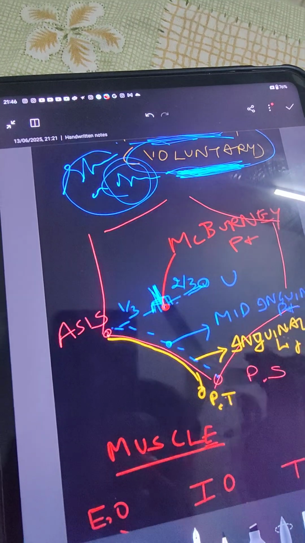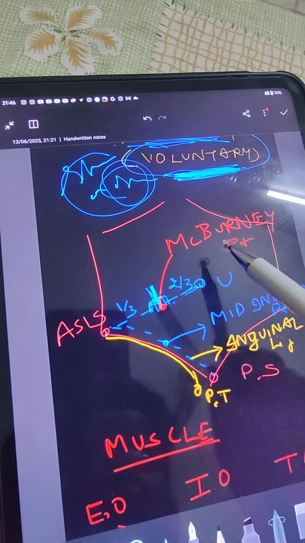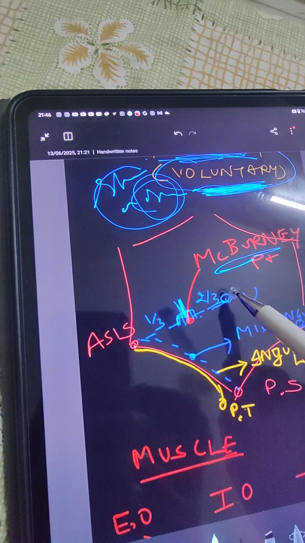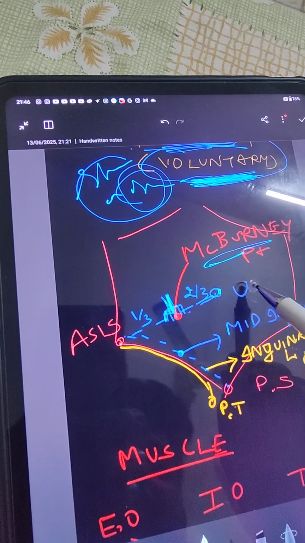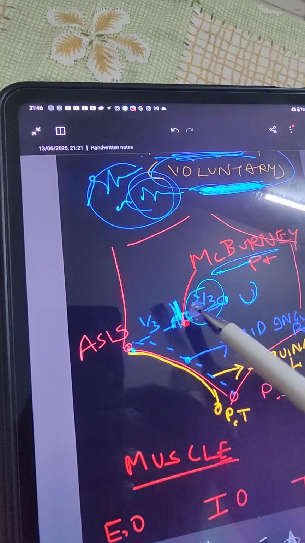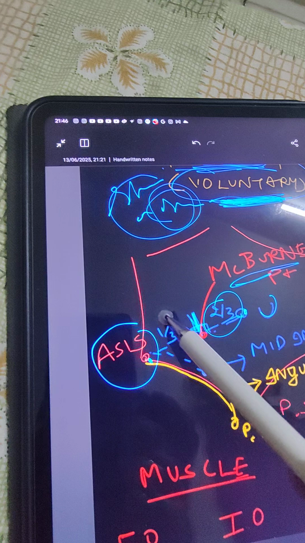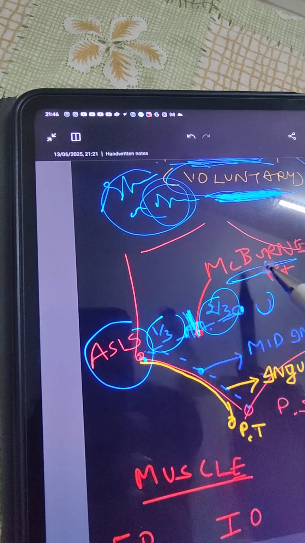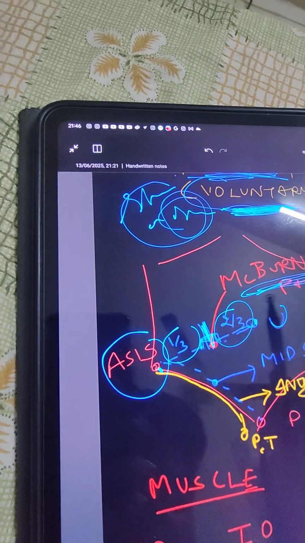These are some surgical anatomy. Everyone knows about McBurney's point: it is 2/3 from the umbilicus and 1/3 from the ASIS, anterior superior iliac spine. This point is McBurney's point.